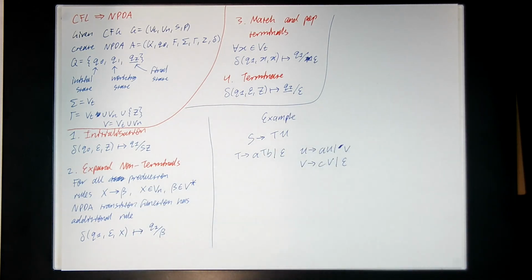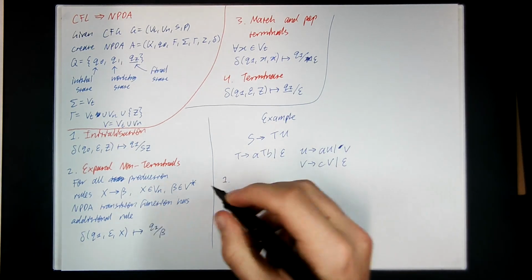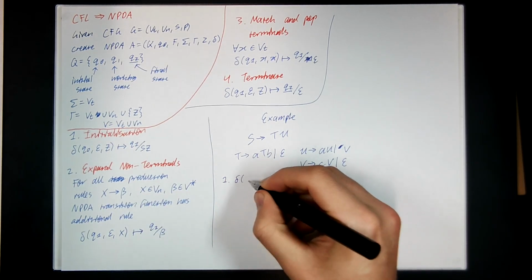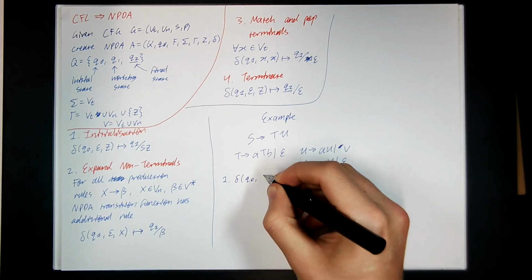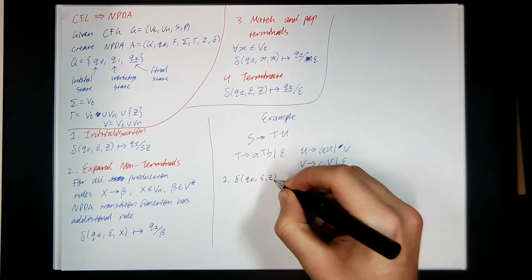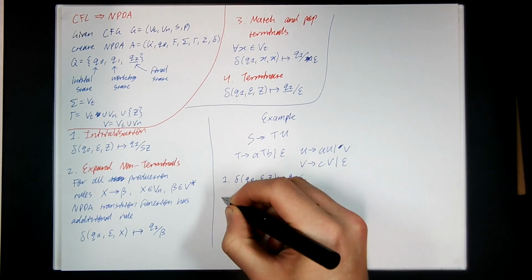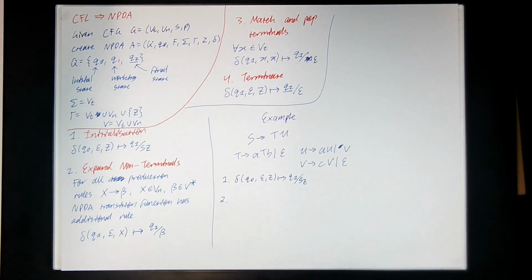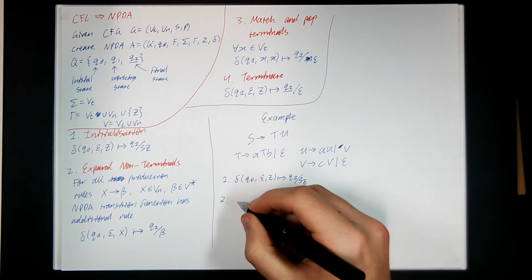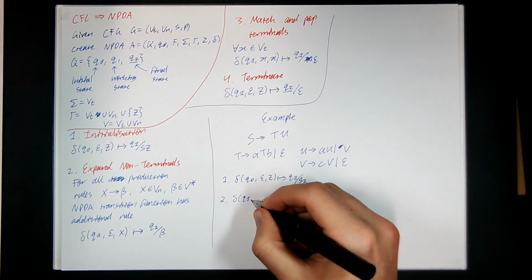Okay? So let's just try cracking this algorithm out for this example here. Stage 1 is always exactly the same. You initialize: Q0, epsilon, Z goes to Q1, SZ. Stage 2 is to expand all non-terminals. If I'm in state 1, I ignore the input.